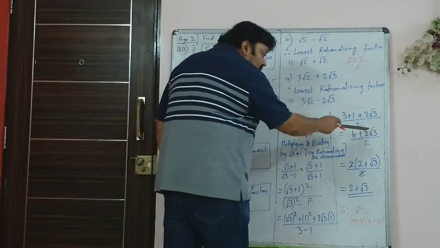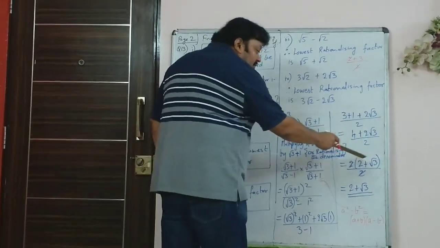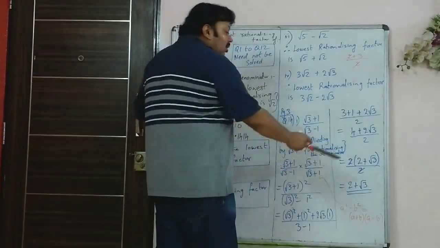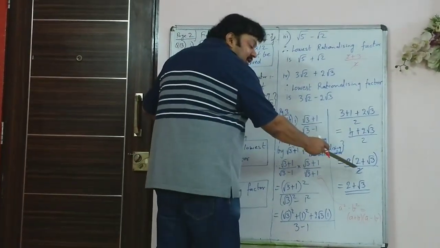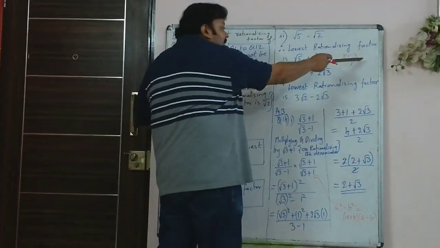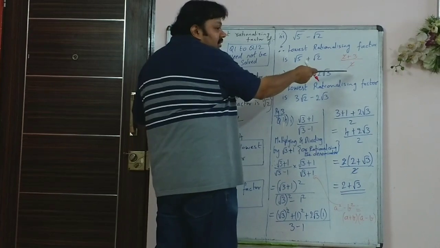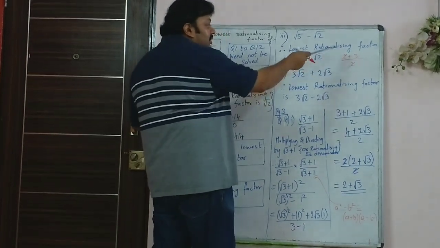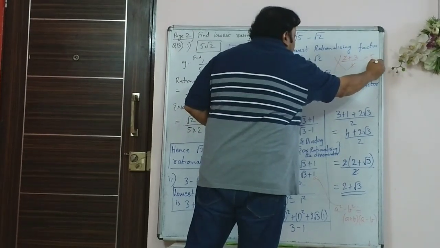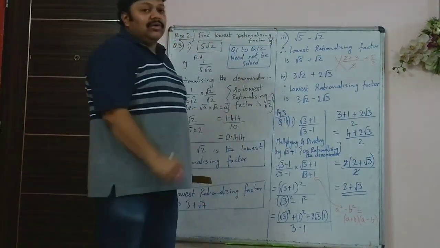I have taken 2 common out and written it as 2 times (2 plus root 3). So when I open the bracket, it is 4 plus 2 root 3. Only after taking the common factor out, I can cancel it. I can't do this. Everyone in the class will tell you this is crazy. You can't do this. This is actually wrong. You have to write it as 5 by 2 and the answer is 2.5, not 3.